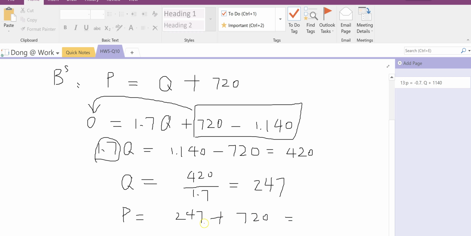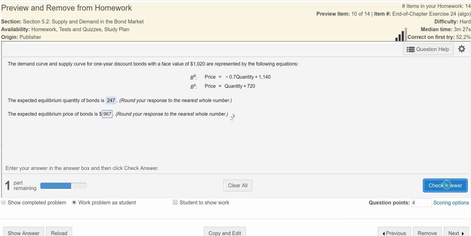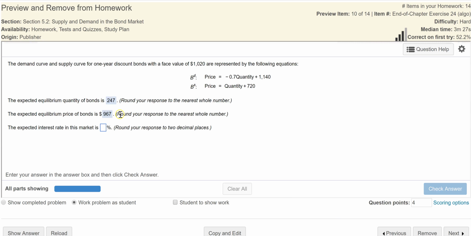That gives me 967. Let me check my answer. Again, I didn't read the rounding requirement, which is a bad habit. You should round the response to the nearest whole dollar. That's also true for the bond price. Sometimes it may have different rounding requirements, even though it's rare. But just to be on the safe side, you need to read the rounding requirements for each number carefully.